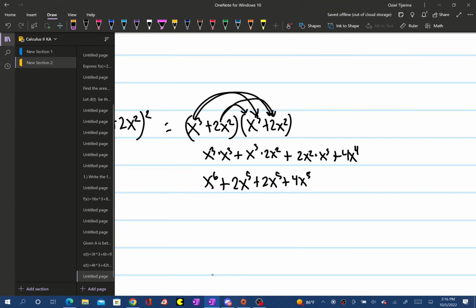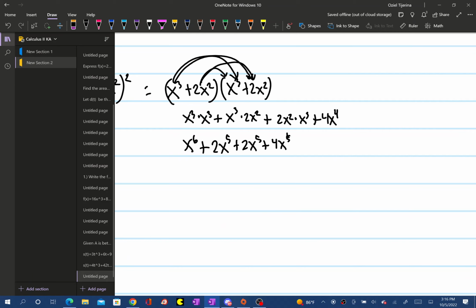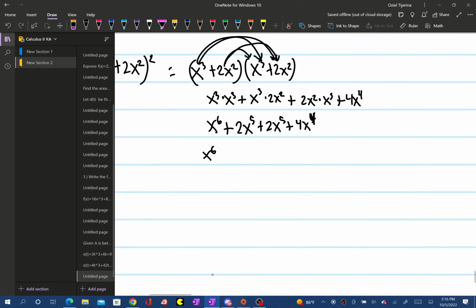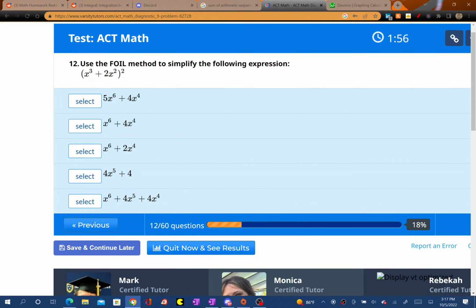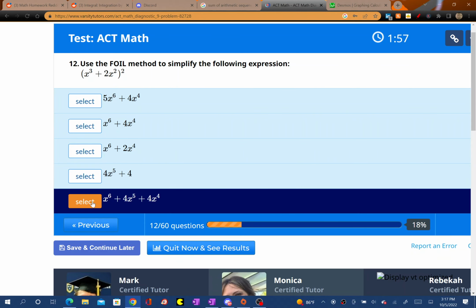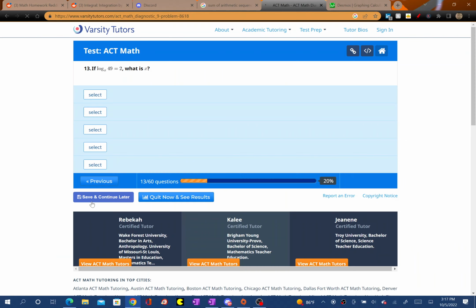So it'd be x to the 6th plus 4x to the 5th plus 4x to the 4th. It's this one.